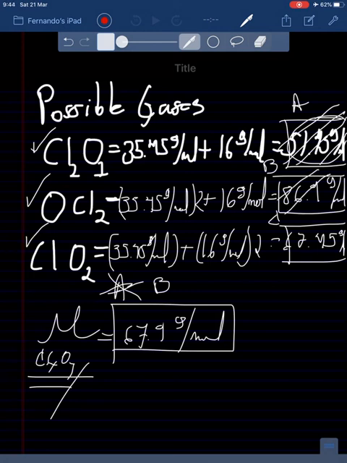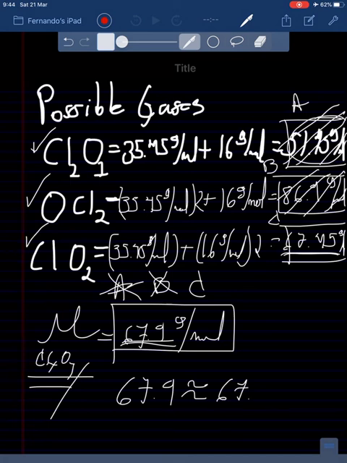No, it's too different. So I can discard B. And what about C? Oh, look at this. I have 67.9 and here I have 67.45. So 67.9 is closely related to 67.45.